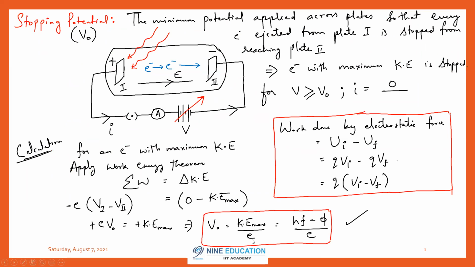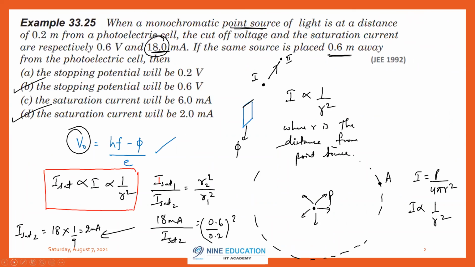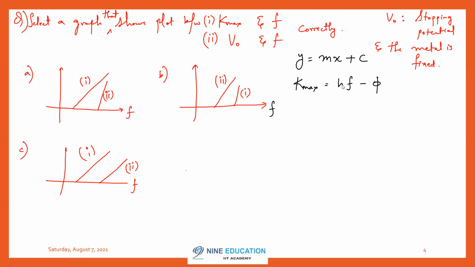Kmax can be written as E into V naught. Did you see? So write that here. Kmax is equal to E into V naught, that is equal to HF minus phi. So V naught is equal to H by E into F minus phi by E. So this is one equation, and this is one more equation.